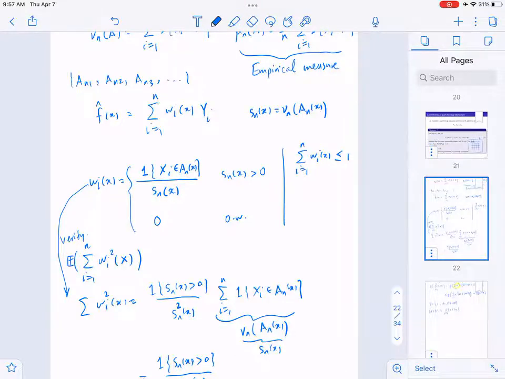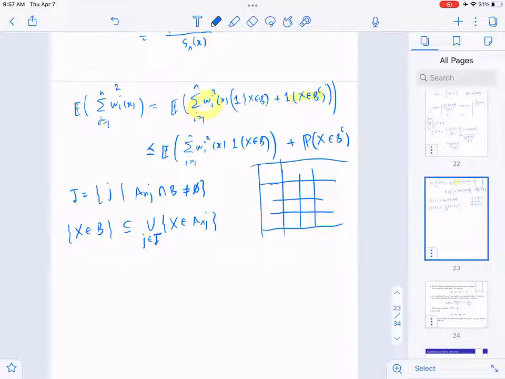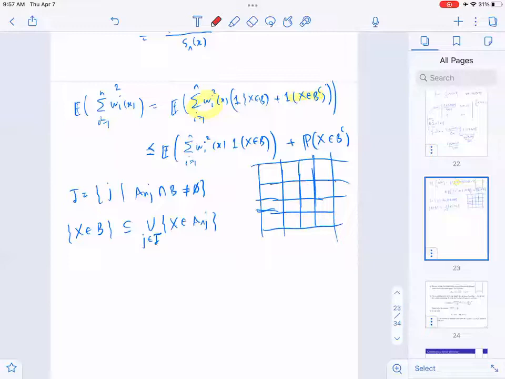Imagine a very simple setup. I have cells like this, and let's say my bounding set B could be anything, like this. I just care about all the partition cells that intersect with B, so this is going to be covered.